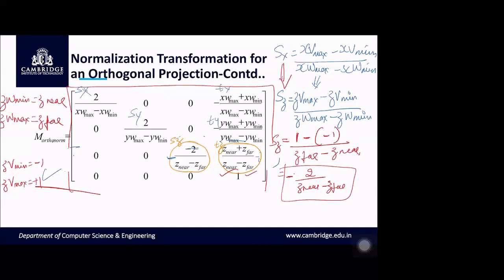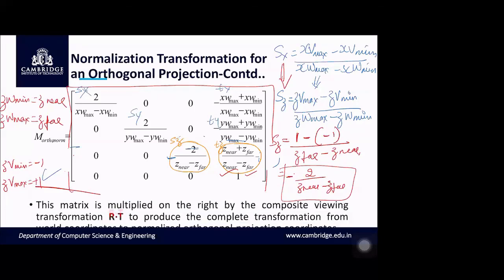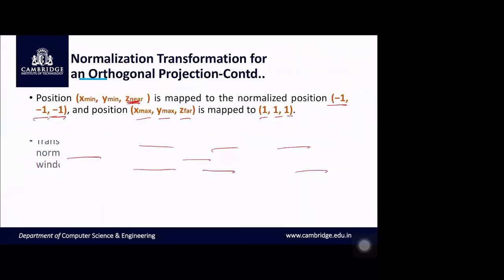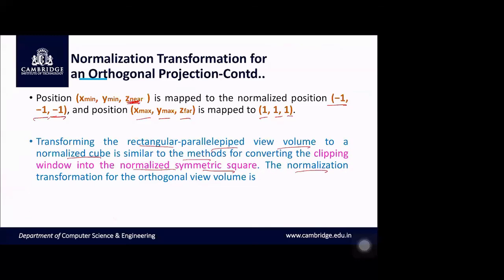So this matrix is nothing but the point by point conversion from the orthogonal view volume to the normal view volume. Okay. Now what is left? R and T, which I've actually decided, we just checked here.